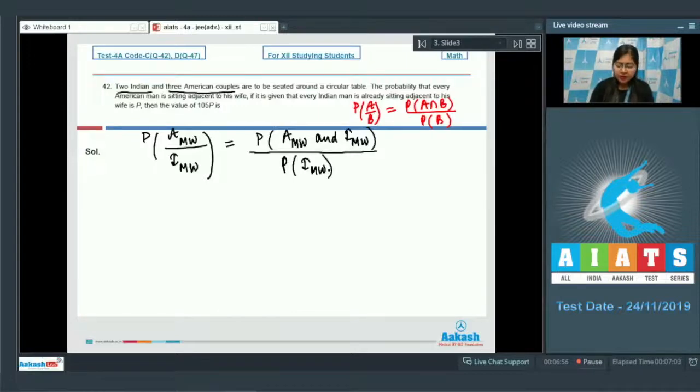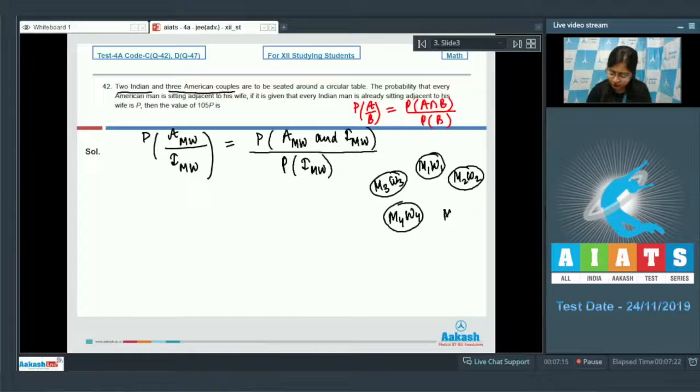Now American couples and Indian couples both are sitting together. So let us say M1W1 is one couple, M2W2 is another couple, M3W3 another couple, M4W4 the fourth couple, and the last couple is M5W5. So we have to arrange them at a circular table.